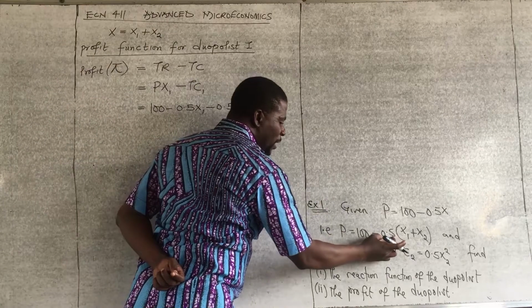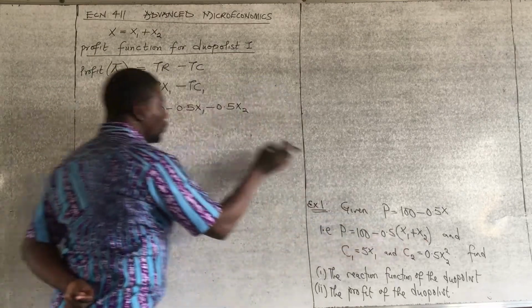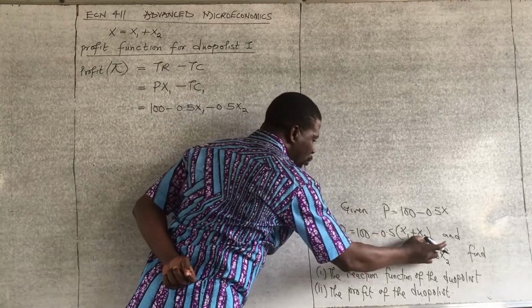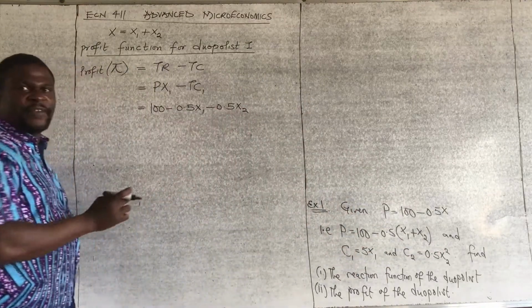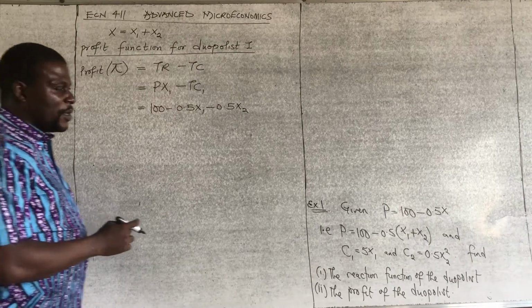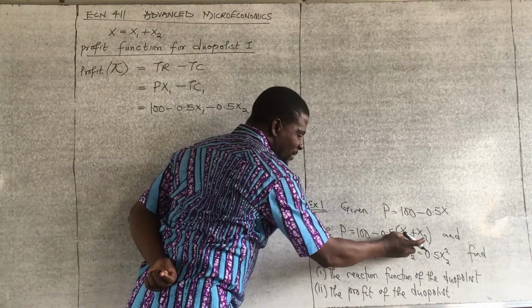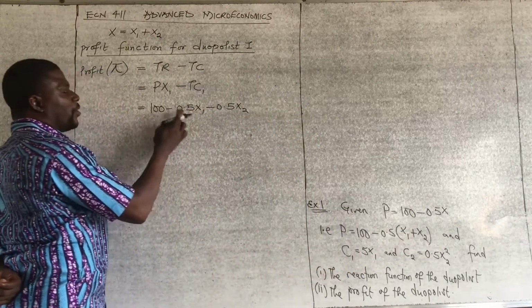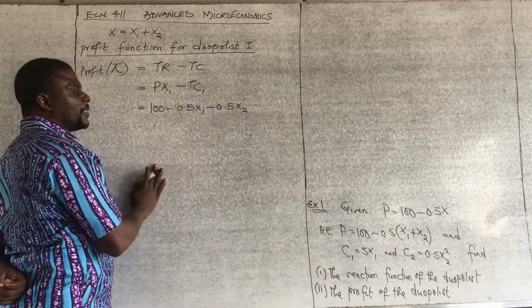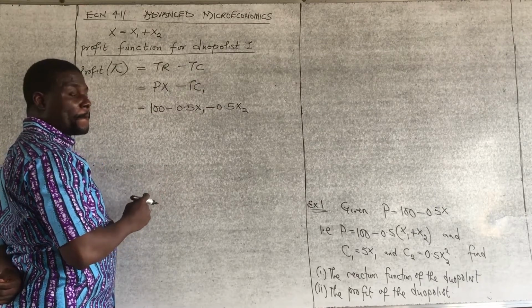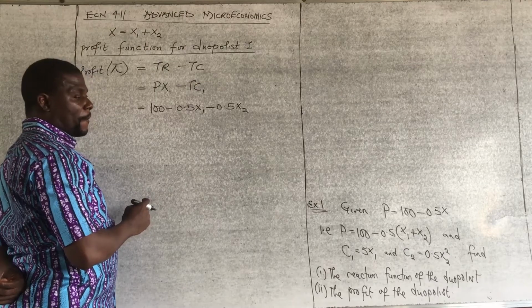That is, minus 0.5 times x1 will give you minus 0.5x1. Minus 0.5 times x2 will give you minus 0.5x2. Do you see that? This 0.5 times x1, then this 0.5 times x2. That's how I brought this. What I'm saying here is, P equals 100 minus 0.5x.